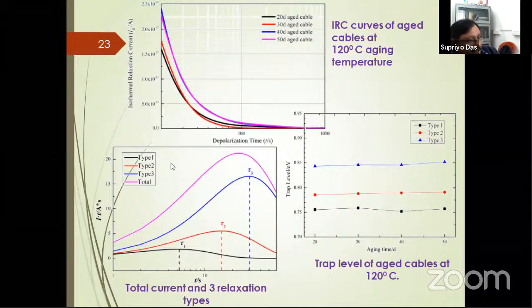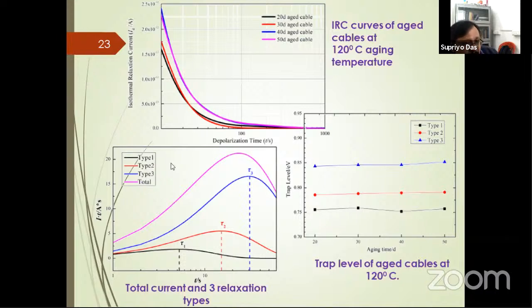So from IRC analysis, we can identify those trap levels, which are the trap levels of aged materials. If the trap level is very high, that means more aging. If you can see here, the black one, that is 20 days aged, the aging is less compared to the blue one, that is 40 days aged.